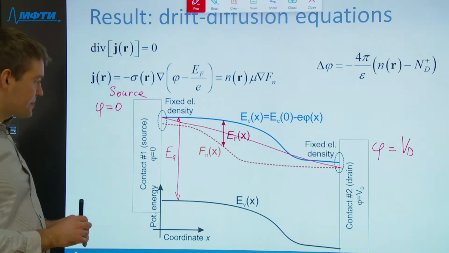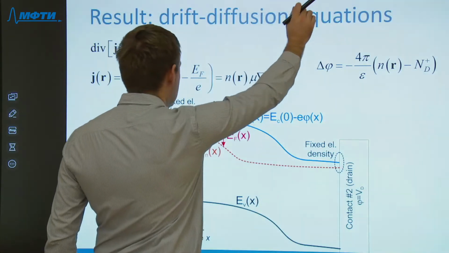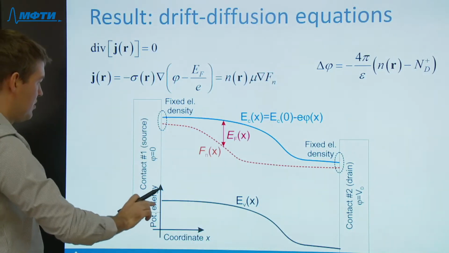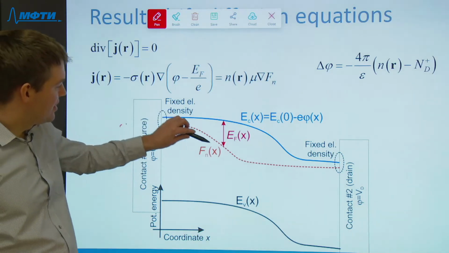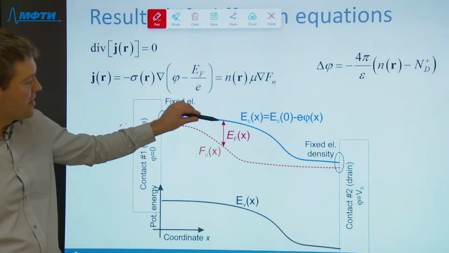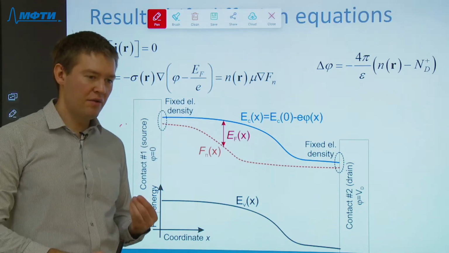And the other line that I paint here is the so-called Quasi-Fermi level. The difference between the conduction band bottom and the Quasi-Fermi level is the local Fermi energy.